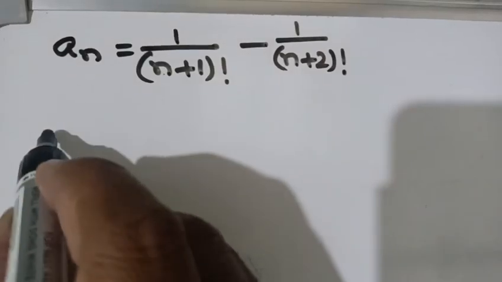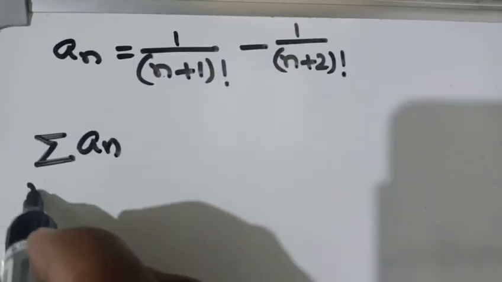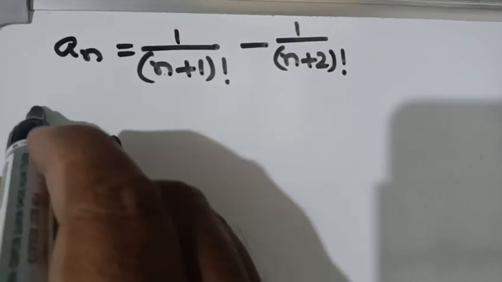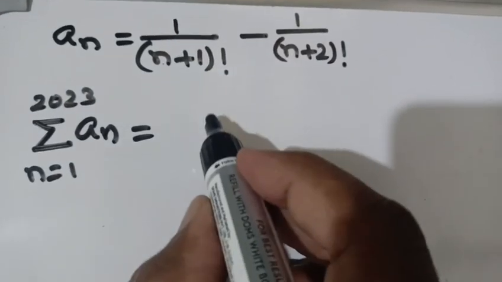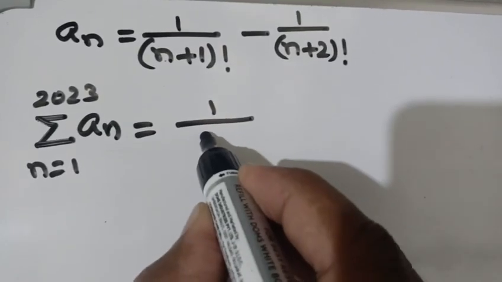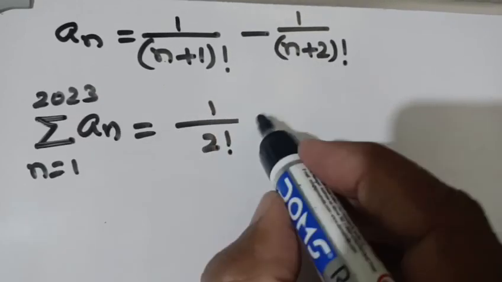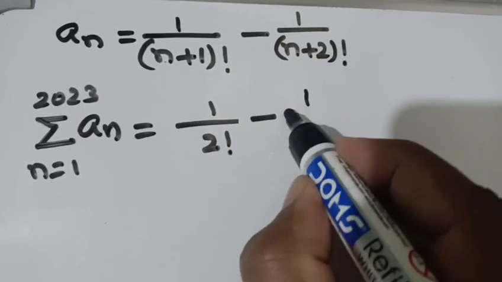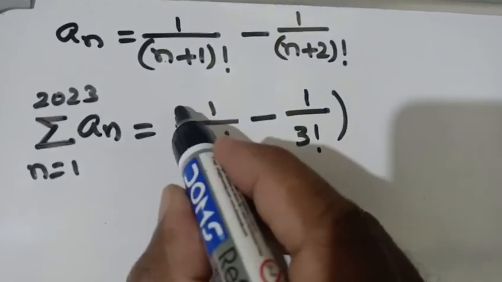Now taking the complete summation of an, where n is equal to 1 to 2023. So here I get 1 by n plus 1, that is 2 factorial, minus 1 by, when n is 1, this is 3 factorial. This is the first term.